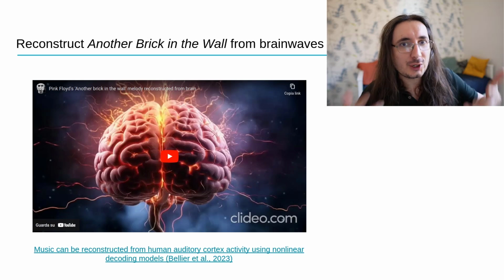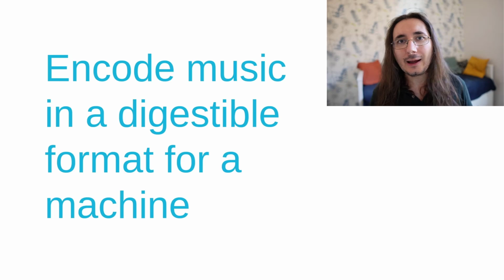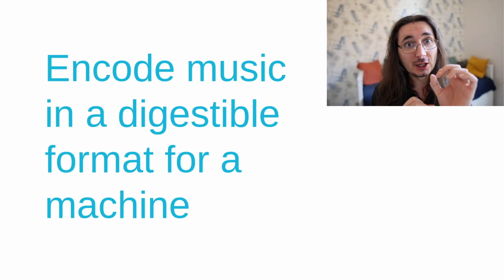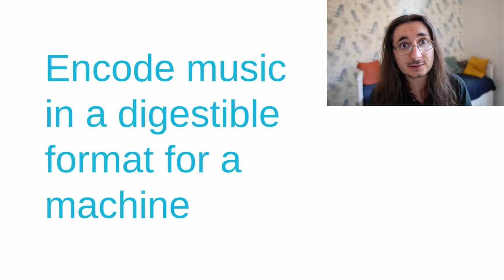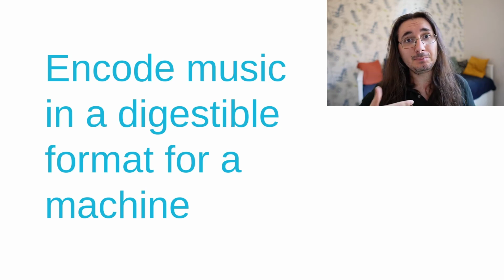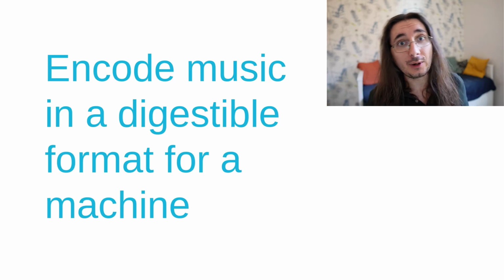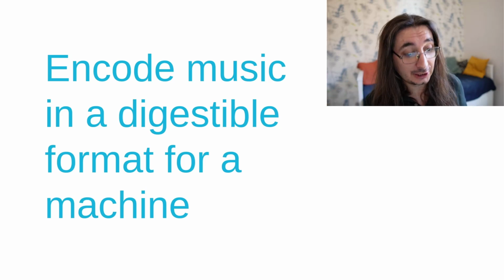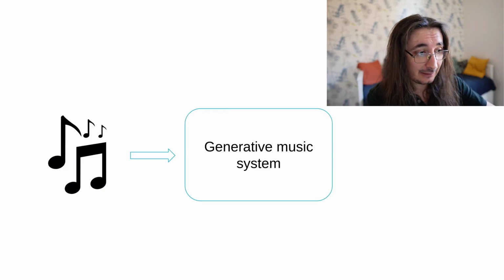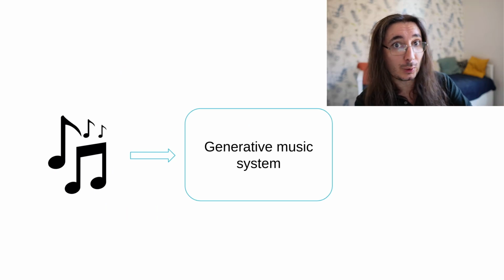So what do we want to achieve with music representation for our generative models? Well, at the end of the day, all we need to do is to encode music in a format that can easily be fed into an algorithm. This is easier said than done. So let me give you a visual representation of what I just said.